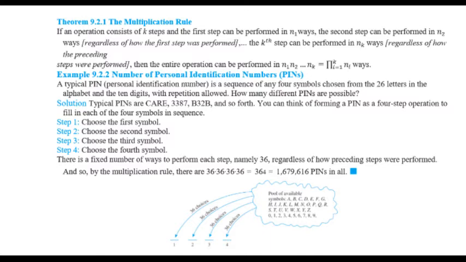So let's see an example. Consider example 9.2.2, where we find the total number of possible personal identification numbers, PIN numbers.